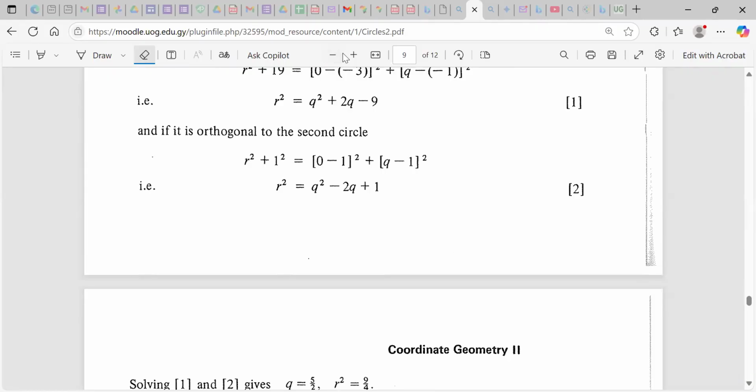Good. So I want to switch over a little to the parabola. Give me a second. Let me find parabolas.